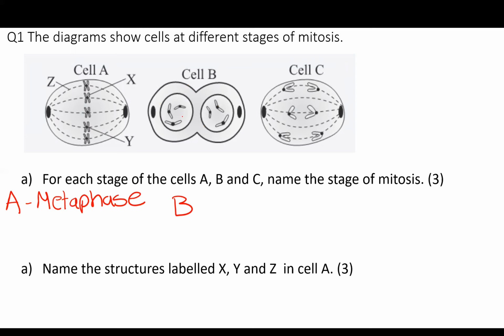That must mean we're at the end of mitosis, which means B is at telophase. And then C, we can see those chromatids are forming that very iconic V shape. They're being pulled apart to opposite ends of the cell, which means we're past metaphase, but we're not at telophase yet, which means we're at anaphase.